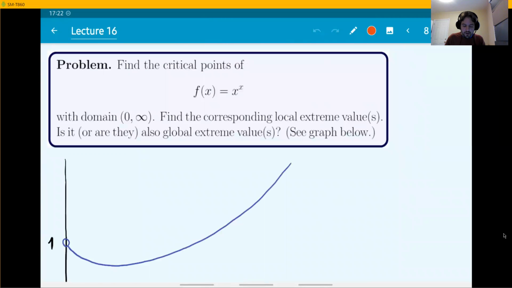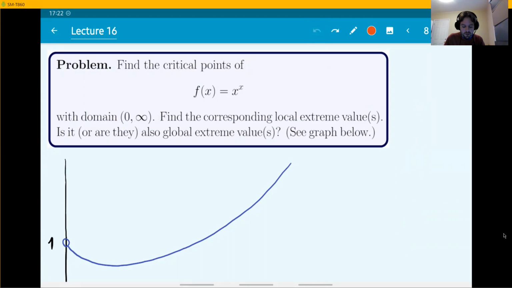So that was the theory for this. We don't have much time for many examples, but we can do a few. And you can see finally how this all gets applied. The first example here: find the critical points of this function, x to the x, in the open domain between 0 and infinity, and find the corresponding local extreme values.